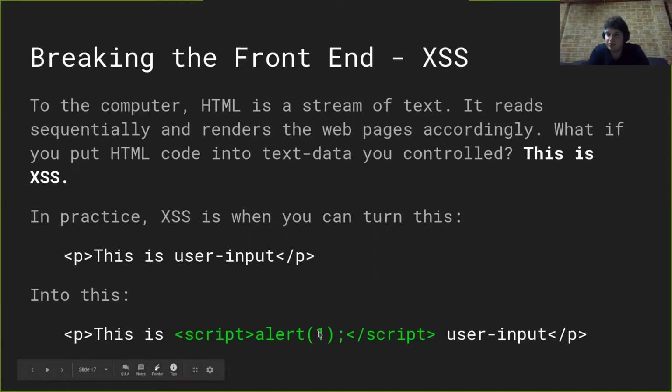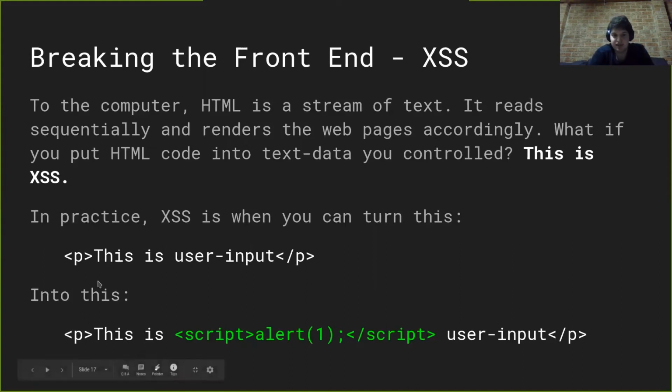What if you were able to put script tags in user-controlled input? Well, the browser wouldn't be able to tell normally between user-provided input and what the web server is telling it to do. So that's where XSS comes in, because once you've got the browser confused, you can execute arbitrary JavaScript and basically get arbitrary code execution.